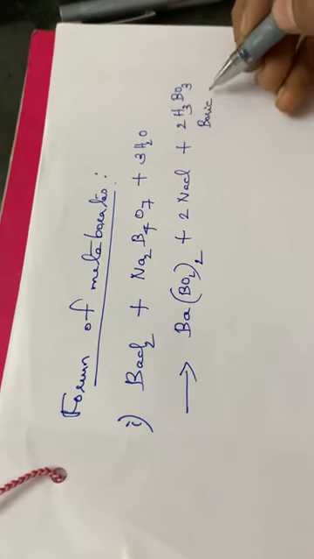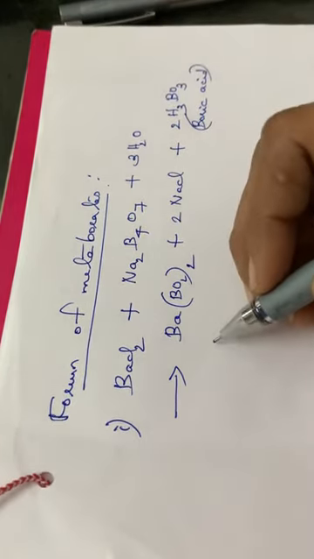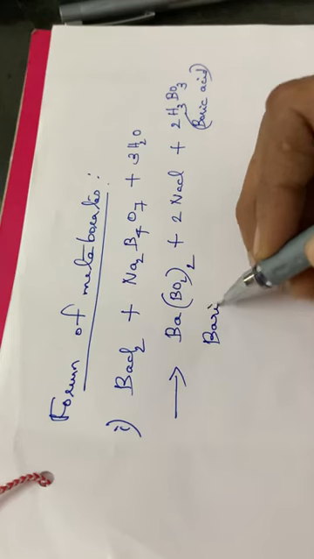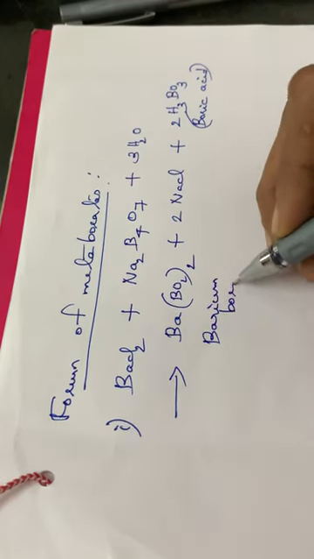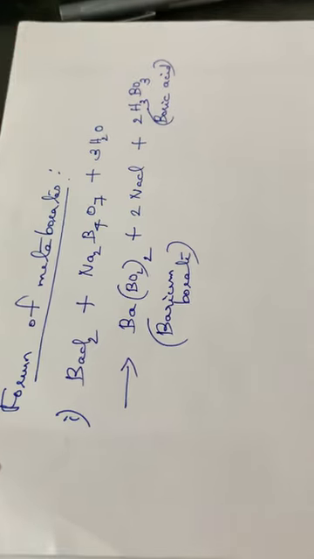H3BO3 is boric acid. This is metaboric acid, and this is barium borate. So this is the first reaction with barium chloride.